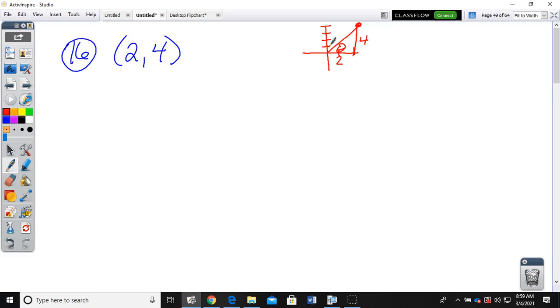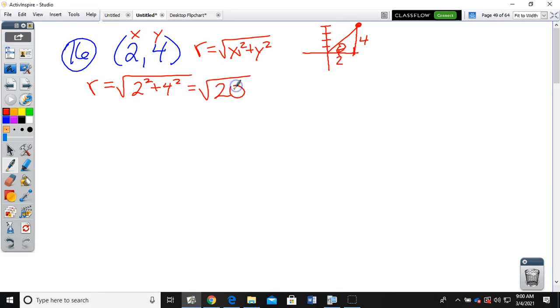They want you to say 2 and 4 are your point, so that's x and y, and they want you just to find r. R is the same thing as the what? The hypotenuse. So you find it the same way. R is equal to the square root of x squared plus y squared every single time. So r for this problem will be the square root of 2 squared plus 4 squared.